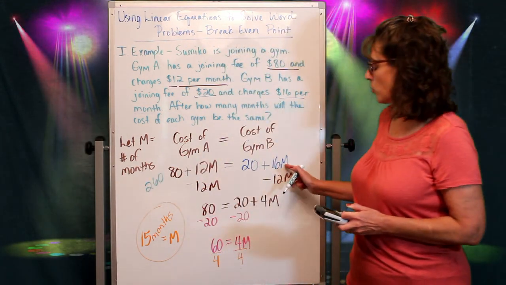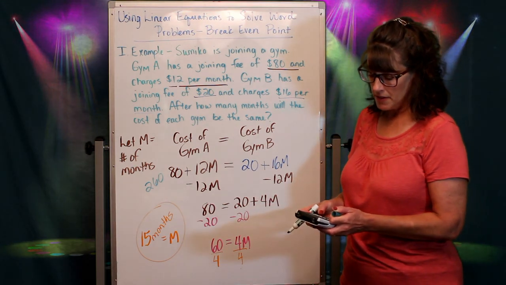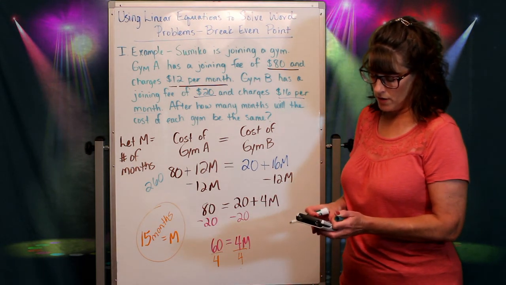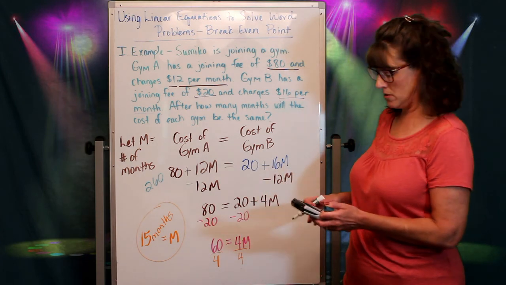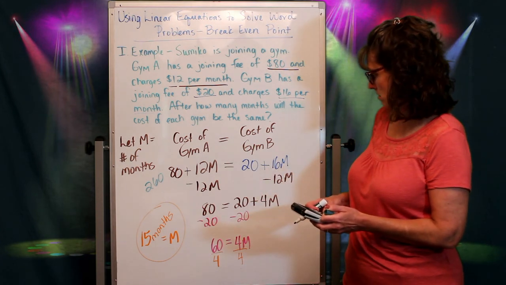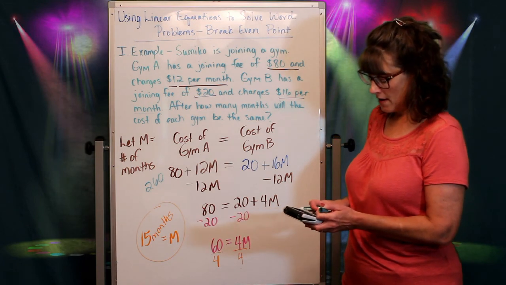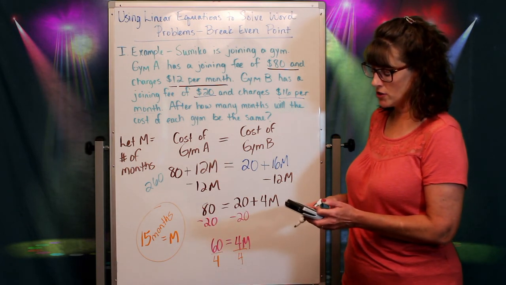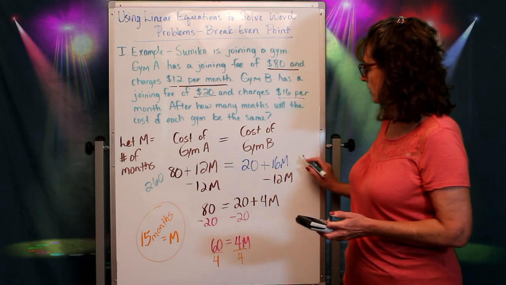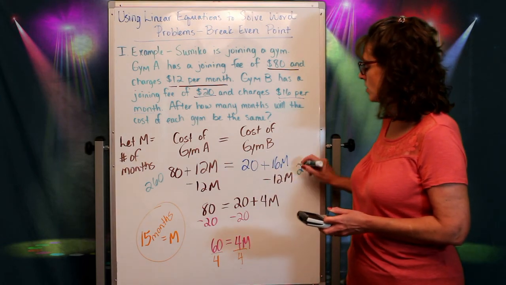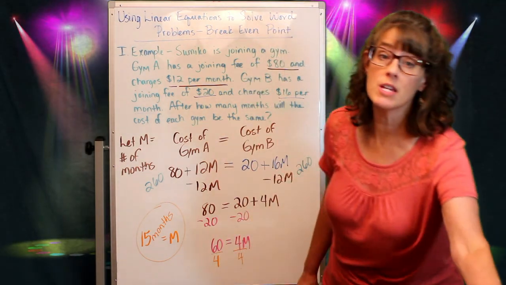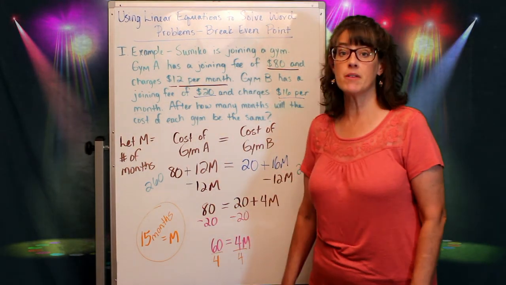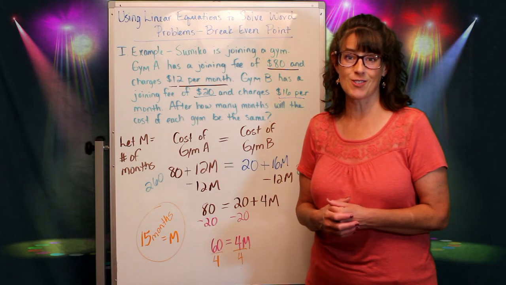And then when I do 15 times 16, my apologies, is 240. 240 plus 20 is once again 260. So you can see we did get the same thing on both sides of the equal sign. Once we plugged our 15 months in, we know that that's the correct answer.